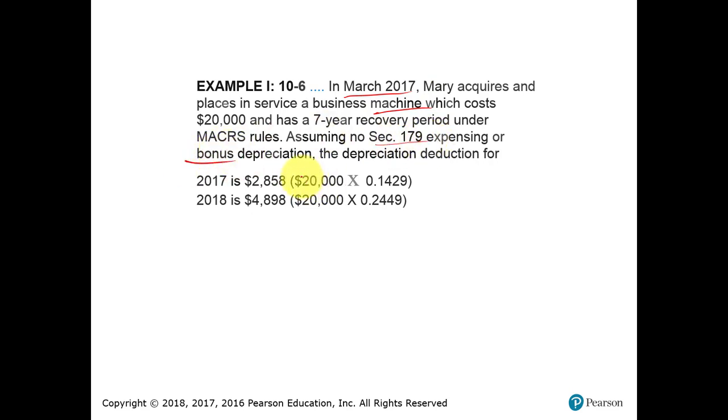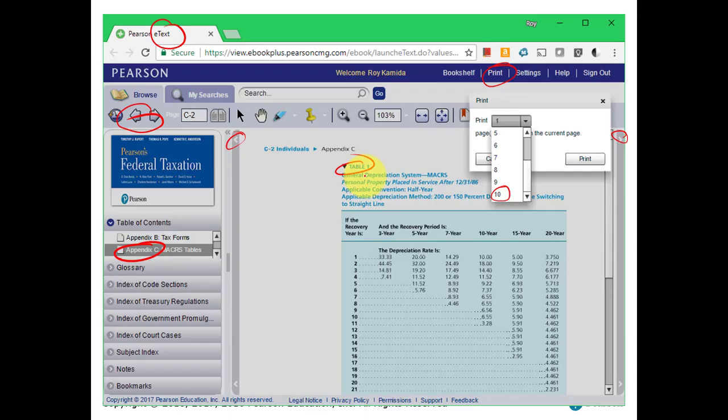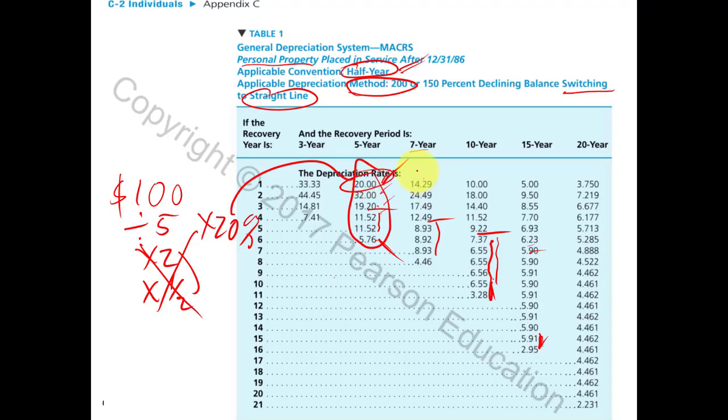So all we do is take the cost, the same cost every year, and multiply it by the rates you see over here: first year, second year, and so forth. If you total up all the percentages, it should equal 100% for every one of our columns. So again, you're fully depreciating the asset, no salvage value.